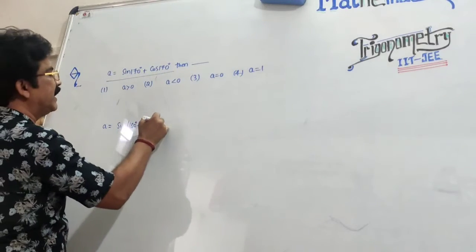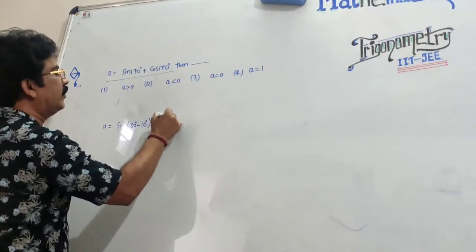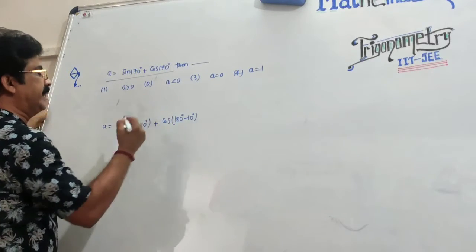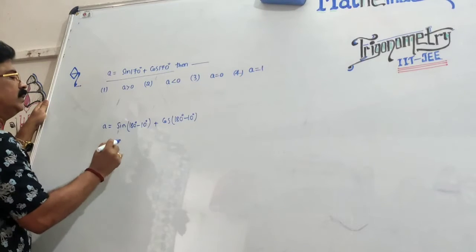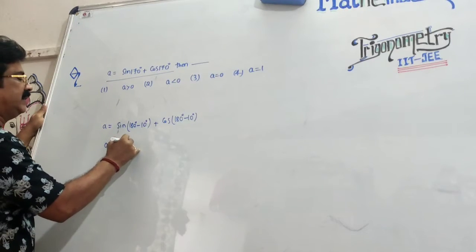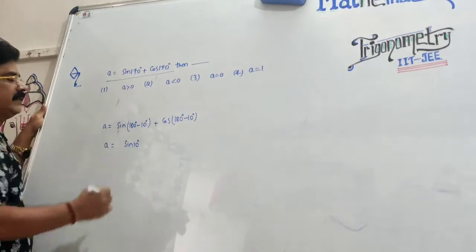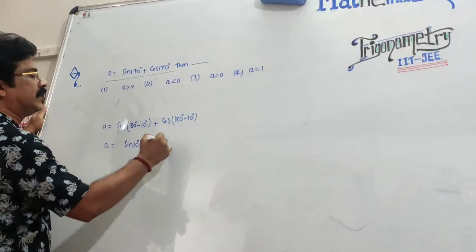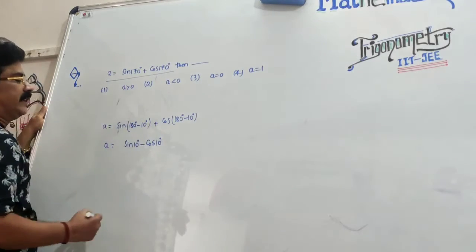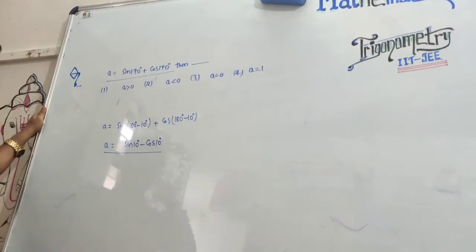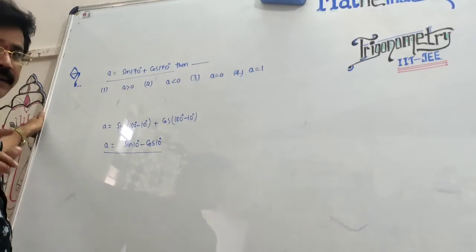Similarly, cos of 180 degrees minus 10 degrees. So sin of 180 minus theta is sin theta. Next, cos of 180 minus theta is minus cos theta because it is the second quadrant. So a equals sin 10 degrees minus cos 10 degrees.